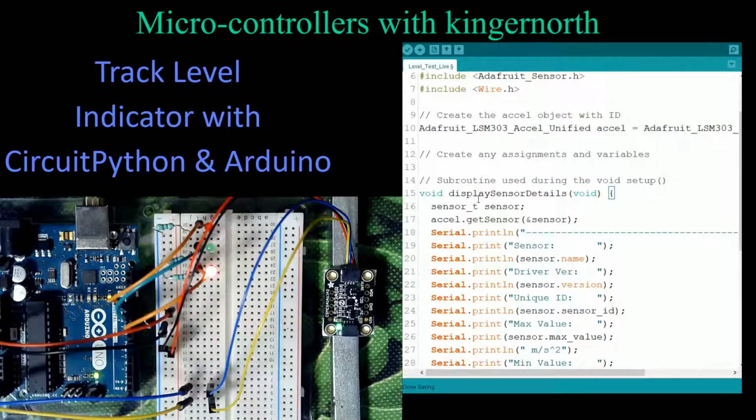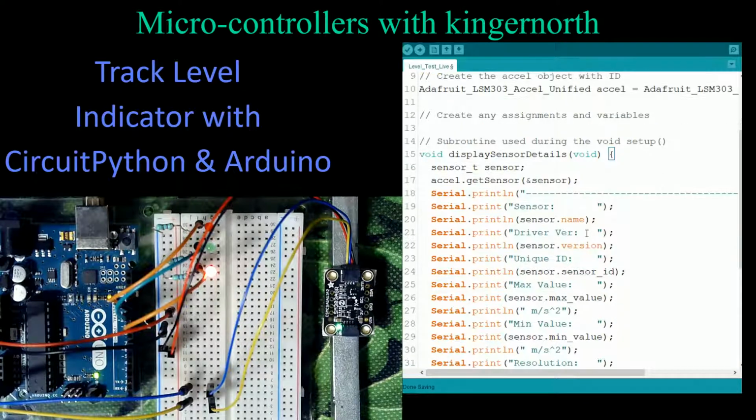We're going to call something called display sensor details, and it's basically a subroutine, but it's tied to the void in a little bit different way, and it's sensor_t sensor, which is something that they have set up for theirs. Excel.getSensor is a keyword and sensor, so it's going to bring in all the sensor data, a bunch of stats.